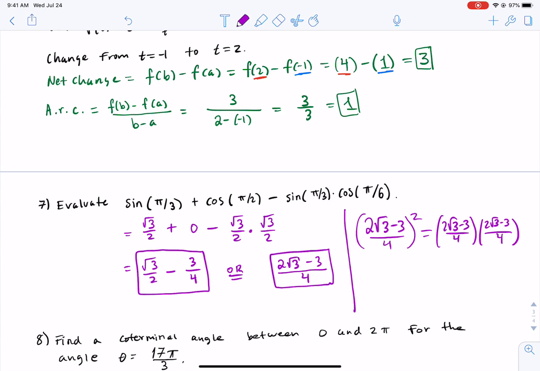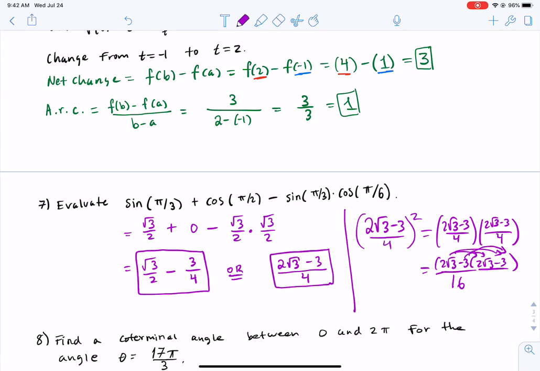It's going to be 12 minus 9 over 16. On the bottom we are going to have 16, but on the top you still have to distribute things out: this times this, this times that, and this times that.